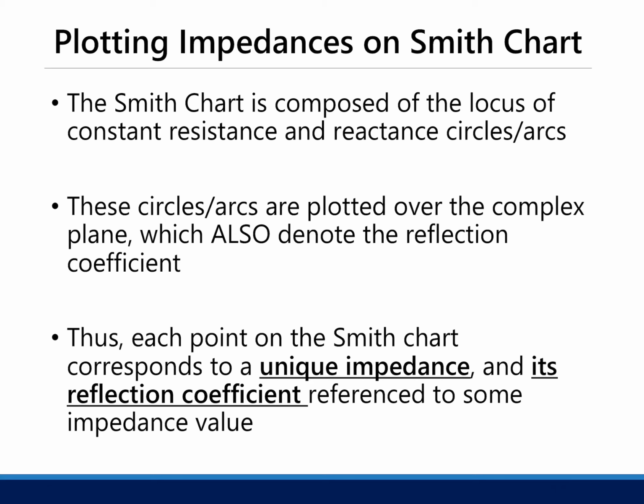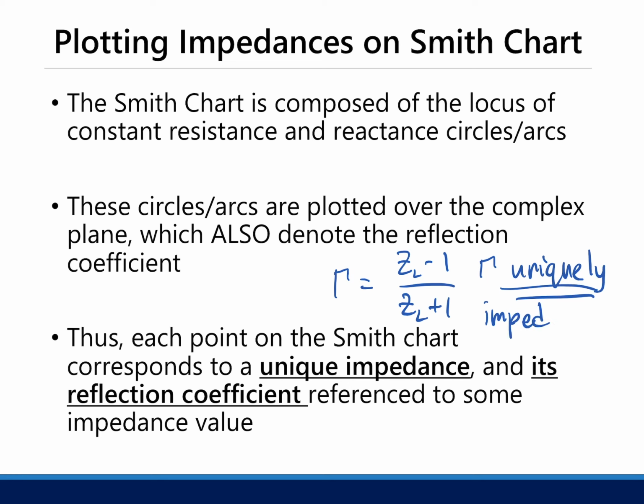Okay. So with that, since we're going to take advantage of the fact that gamma is equal to (ZL minus 1) over (ZL plus 1), that means gamma uniquely determines the impedance.